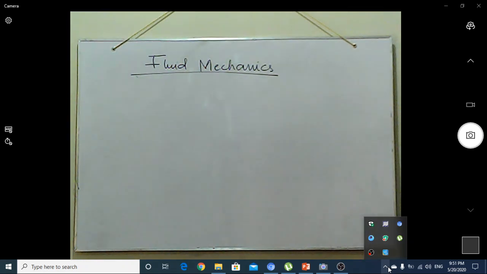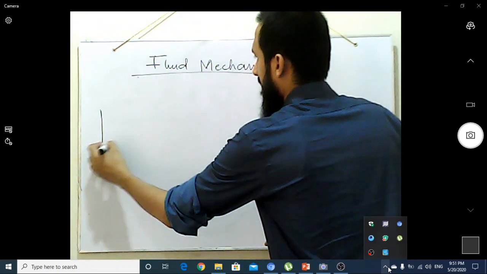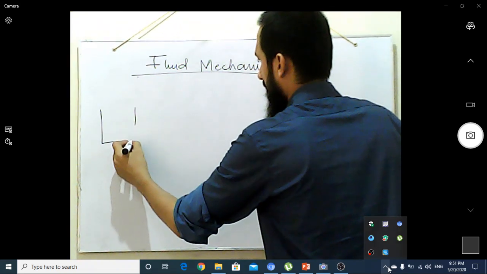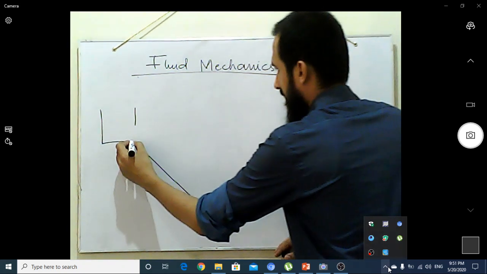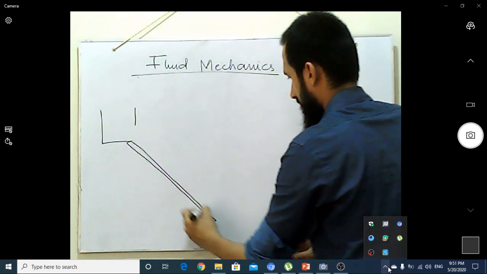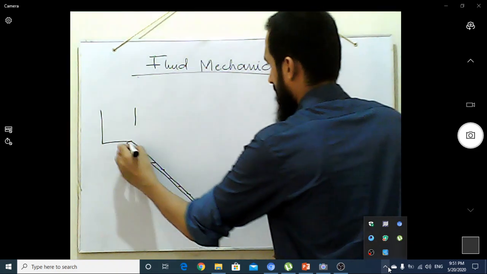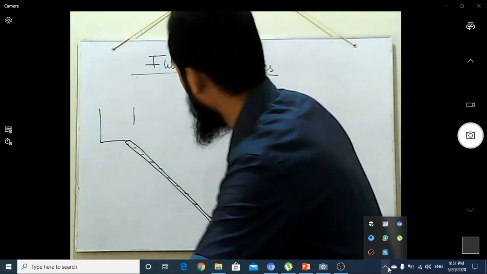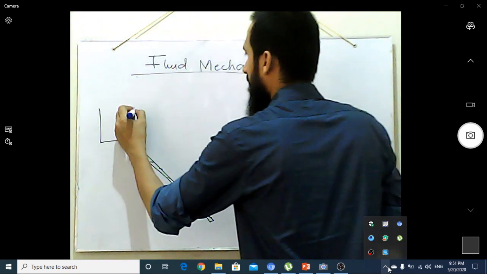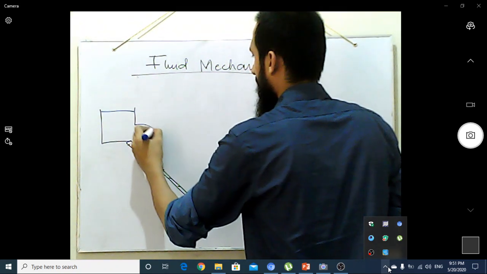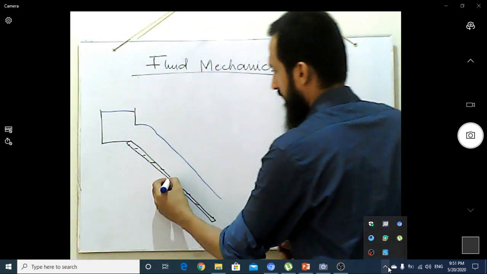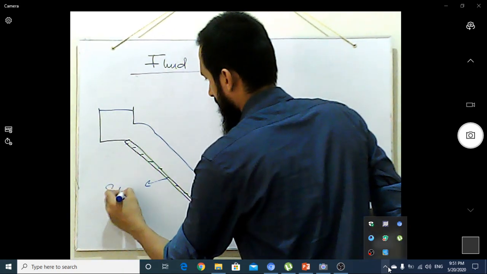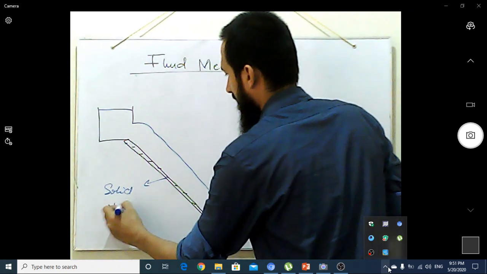Let's consider an example in which there is water on a wall, and it is allowed to flow down this solid surface. The water is filled up to that mark, and it is flowing in this direction along this solid surface, which has a velocity of 0.